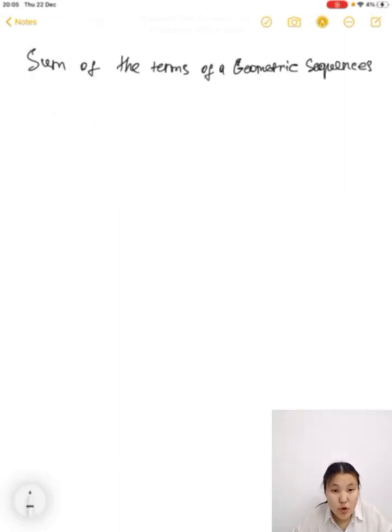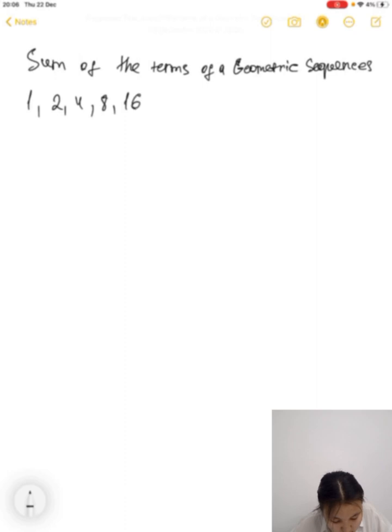Sum of the terms of a geometric sequence. Let us consider the geometric sequence with the first few terms 1, 2, 4, 8, and 16. The sum of the first term of this sequence is obviously 1.